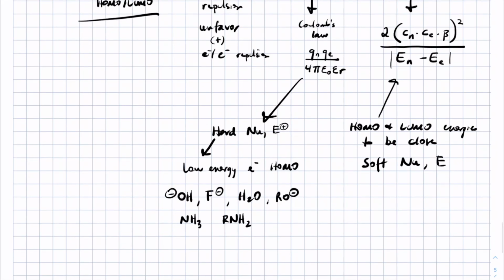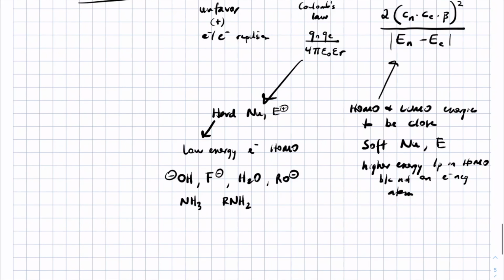Soft nucleophiles, though, include higher energy lone pairs in a highest occupied molecular orbital. They're higher in energy because they're not on a very electronegative atom. They also include things that are very polarizable.